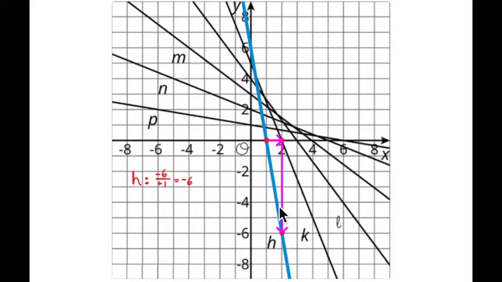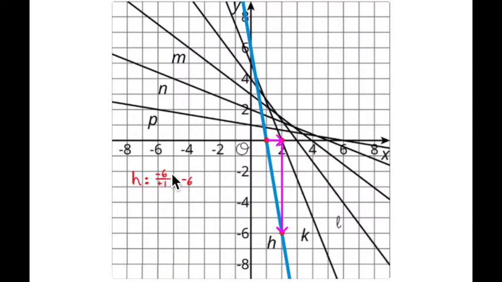So I'm really identifying 2 points on the line and figuring out what the slope is based on those 2 points. So this is a positive 1 unit along the x-axis and a negative 6 units along the y-axis. So that slope is, for every positive 1 unit along the x-axis, it goes down 6 units.